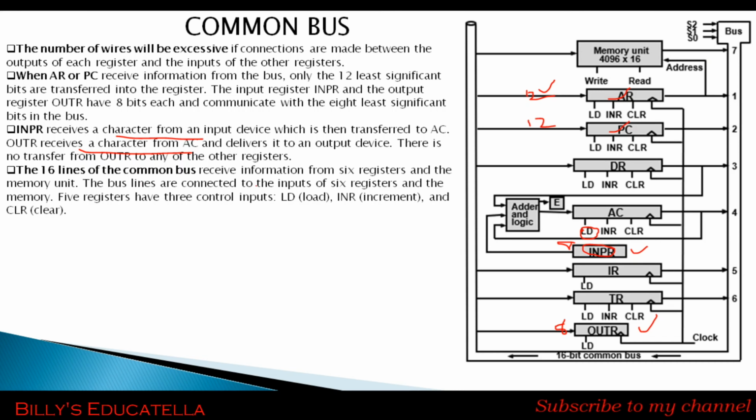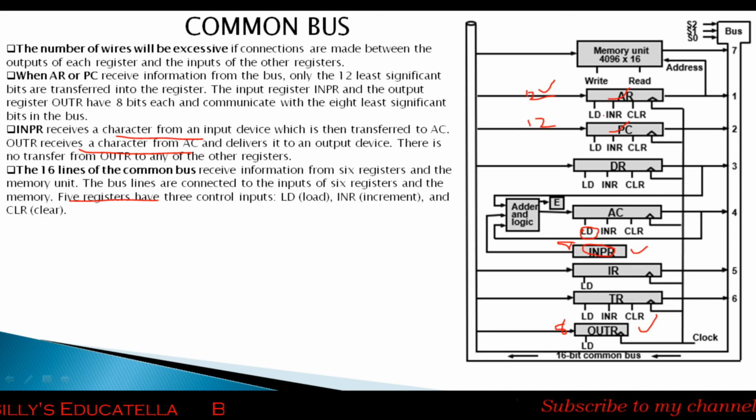The bus lines are connected to the inputs of 6 registers and the memory, and the 5 registers have 3 control inputs: load, increment and clear signal. Those five registers are the address register, program counter, data register, accumulator and temporary register.